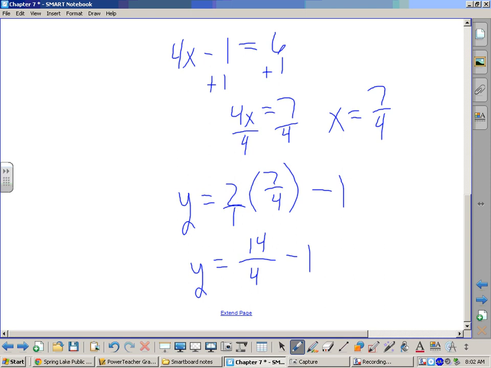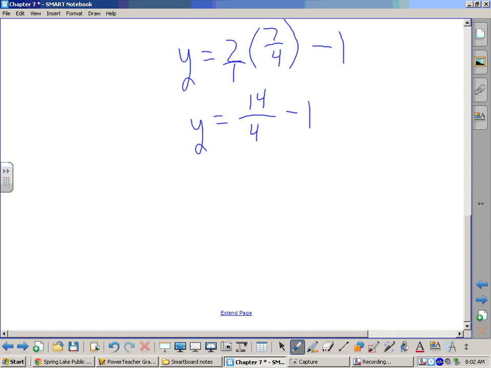And 14/4 will simplify down to just 7/2, because 2 goes into both of those. That's 7/2 minus 1. And I'm going to get, let's see, 7/2 is really 3 1/2. Minus 1 will be 2 1/2.